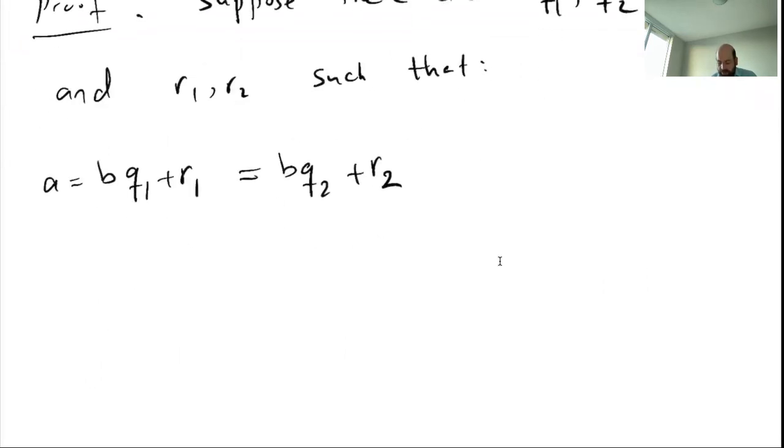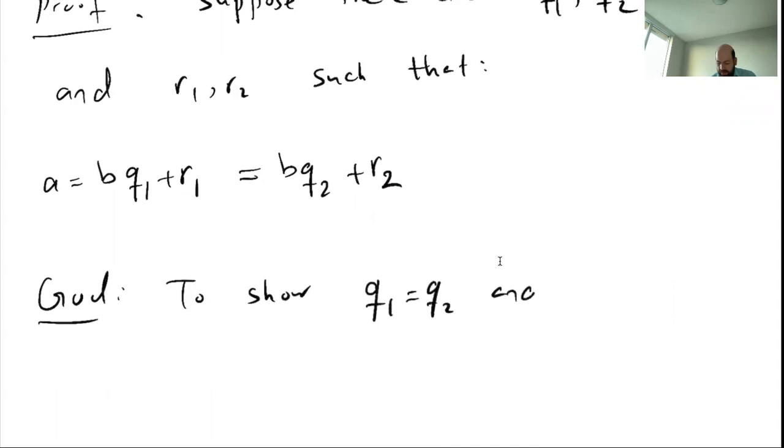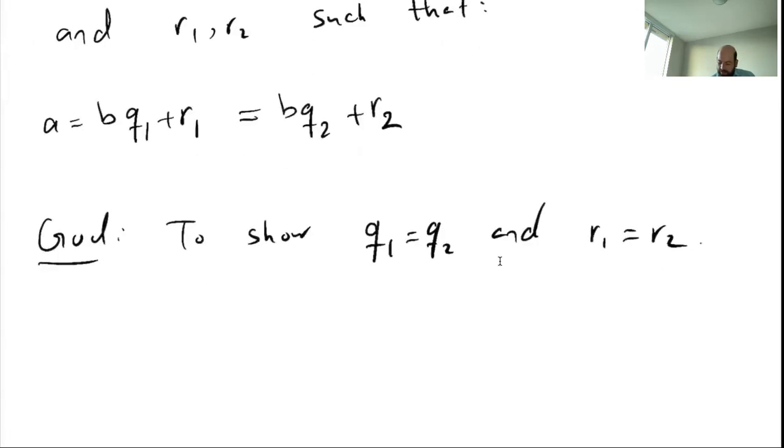And what is my goal? Our goal is to show Q1 equals Q2 and R1 equals R2. Now, how can I do this?